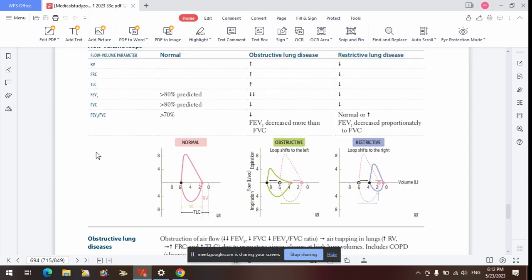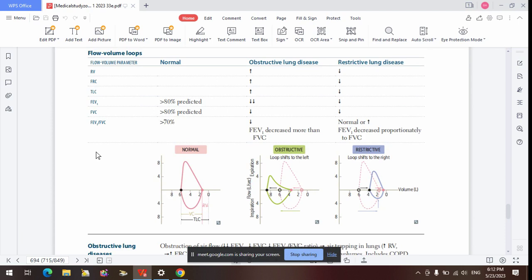The forced vital capacity, the FVC, is the volume of air that you can breathe out after taking a maximal inspiratory breath. So you take a maximal inspiratory breath, then you breathe out forcefully. The air that you can get out is the forced vital capacity.